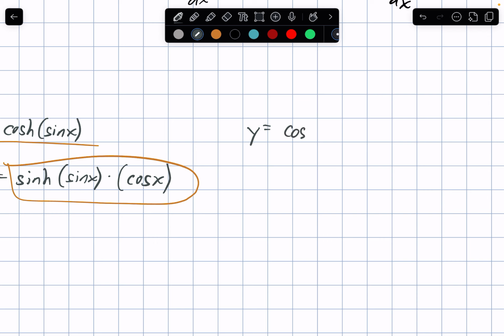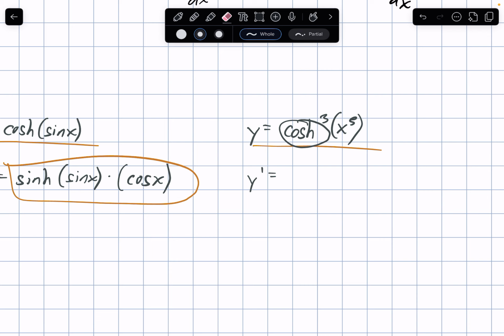y is equal to cosh cubed of x raised to 5. So, cosh, sinh. Oh, okay. I think we have to apply the power rule here. So, bring down 3. If we encounter a problem like this, as tempting as it is to already find the derivative of cosh, we can't because there's the power rule.